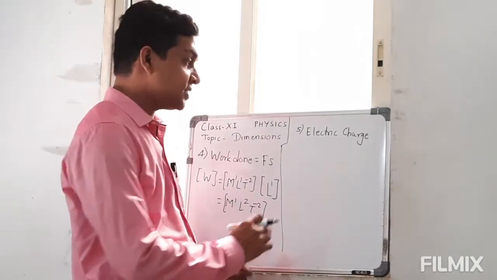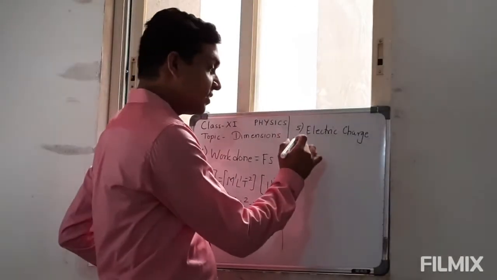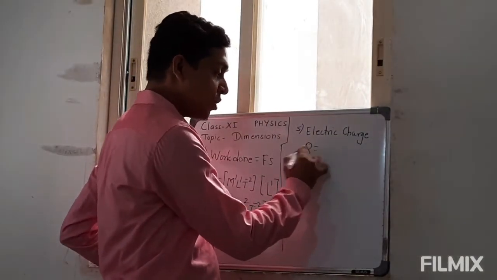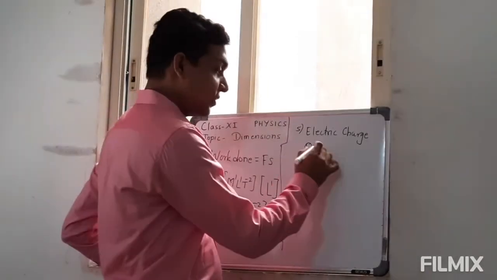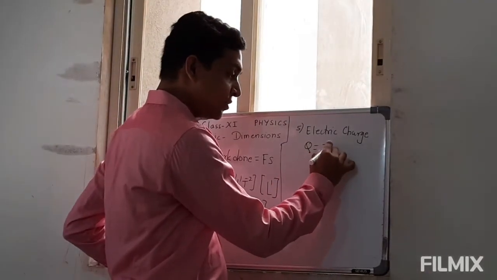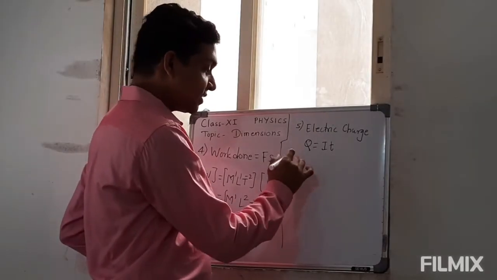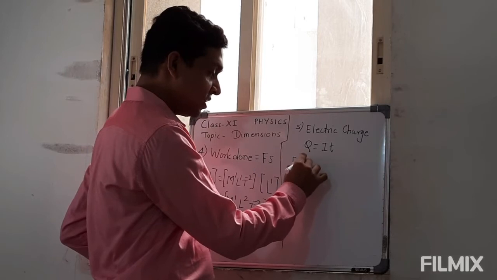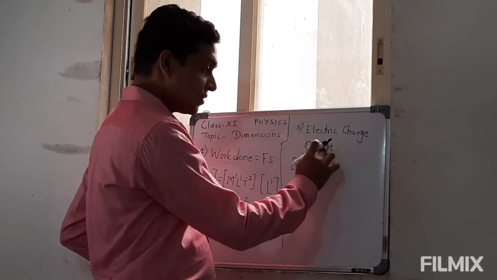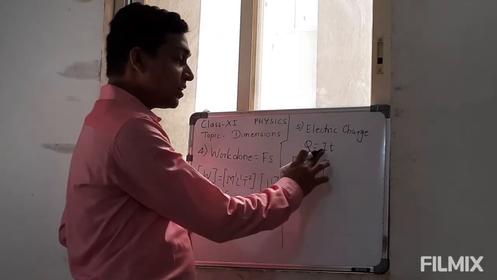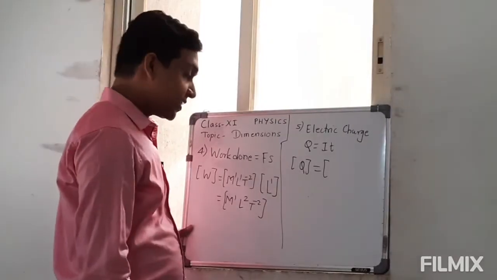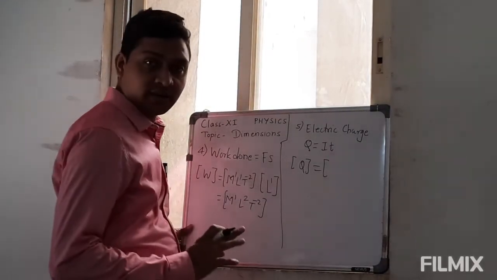Next is electric charge. This you learned in class 10. So what is the formula for charge? Q is equal to I into T, current into time. So how can we say the dimensions for charge? Here only current and time factors are there, but mass is not there, length is not there.